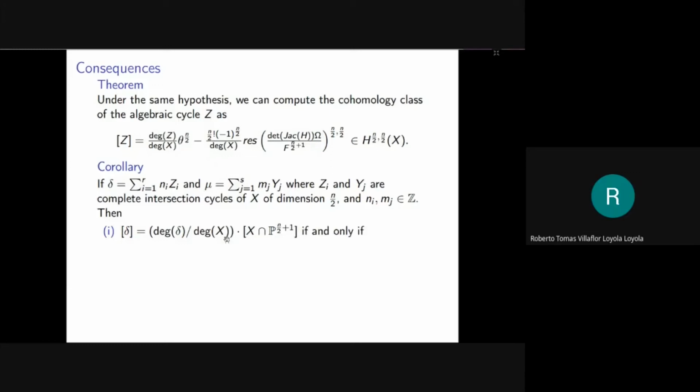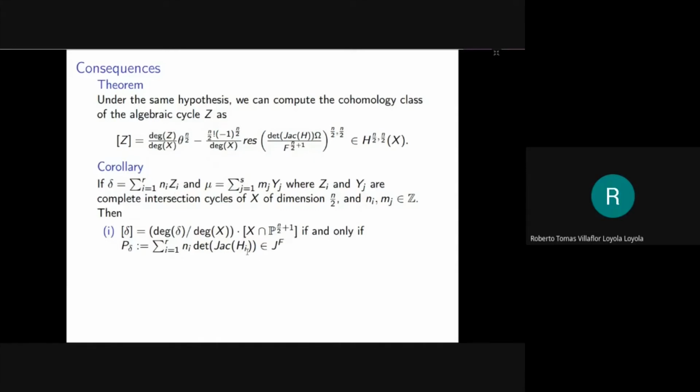This happens if and only if the following polynomial, which can be computed explicitly in terms of the equations H of each of these complete intersection cycles, where this Hi is our vector H associated to the complete intersection Ci.